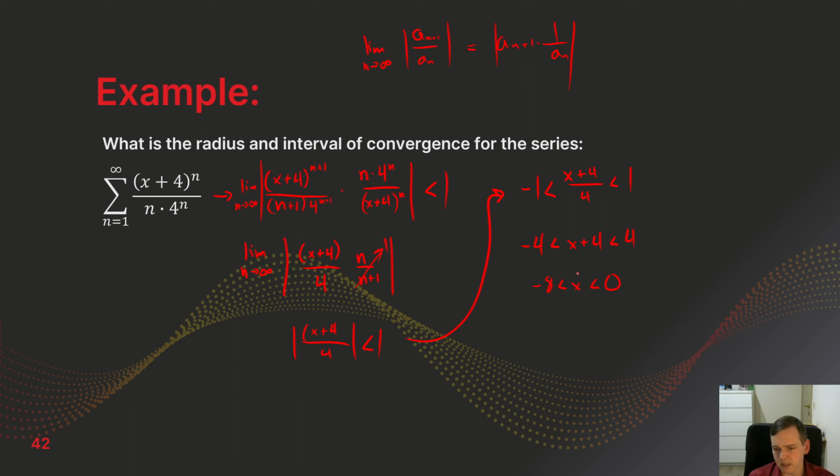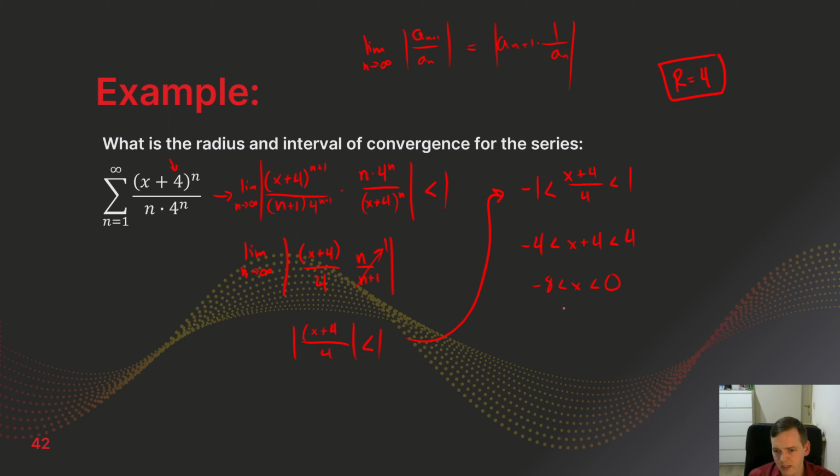Well, it's half that distance because it's going to be centered at x equals negative 4, which we actually already knew from here that it was centered at x equals negative 4 because this is x minus a is x plus 4, or a is negative 4. So our radius is equal to 4. Again, because it's half the distance of my interval.